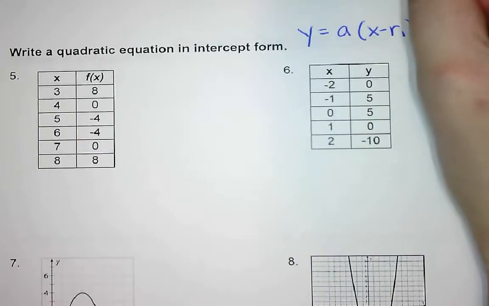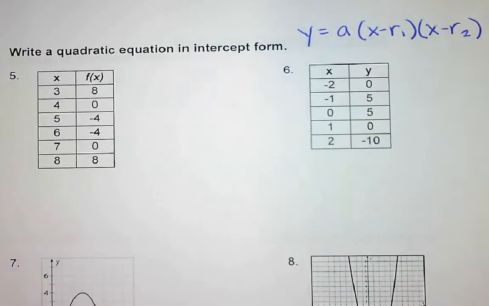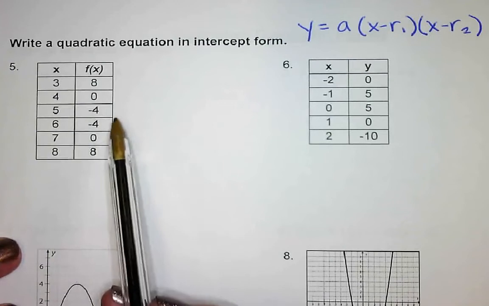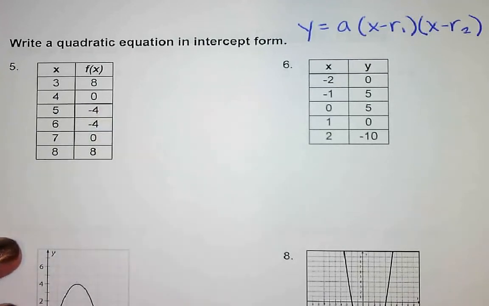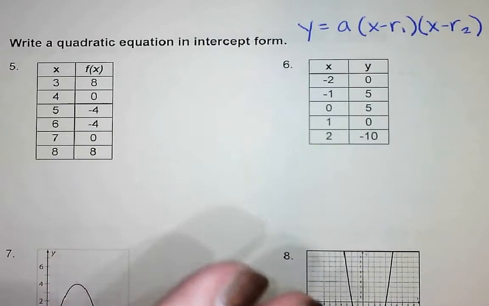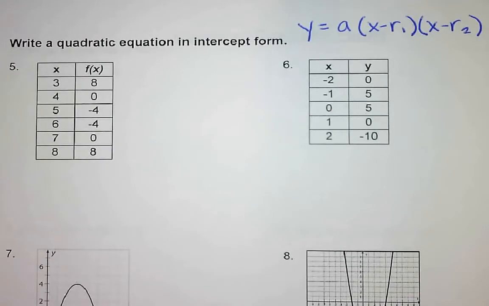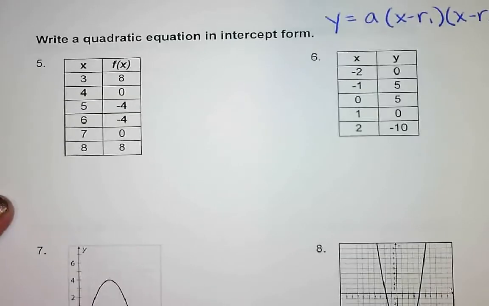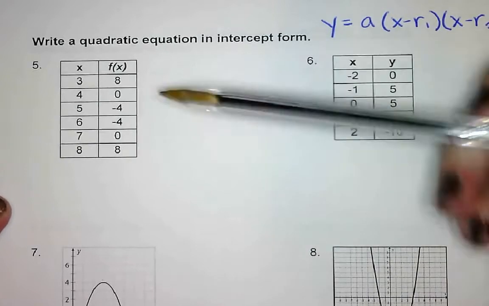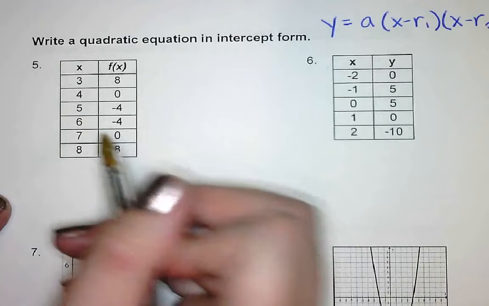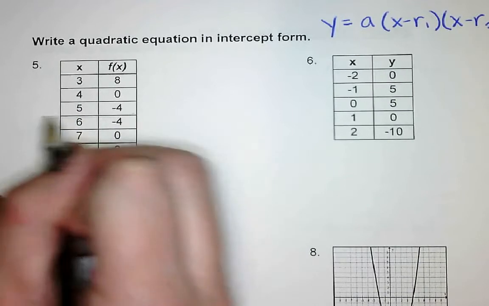So, guys, here's the thing about intercept form. We use intercept form if there's not a vertex that is readily available for us. So, guys, if you are looking at the table for numbers 5 and 6, you will see your table is symmetrical, but it looks like my vertex is going to be somewhere between this 5 and 6.